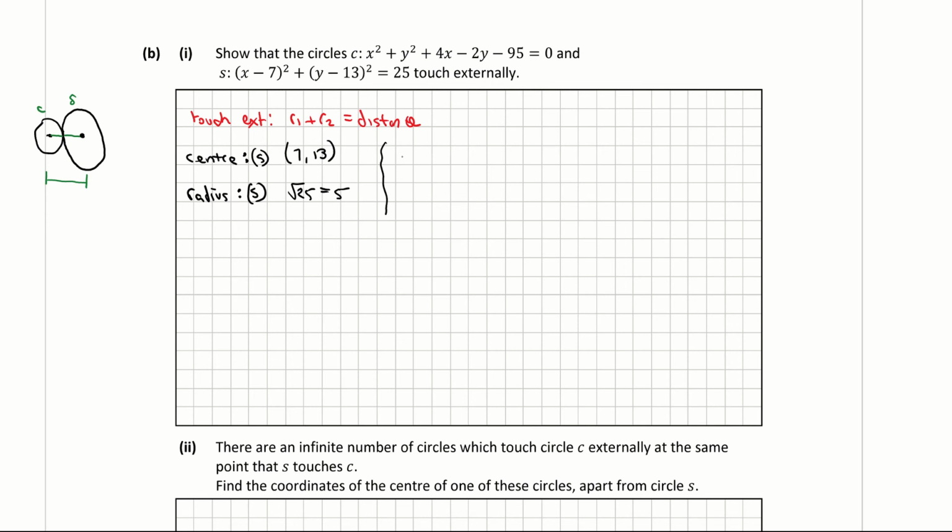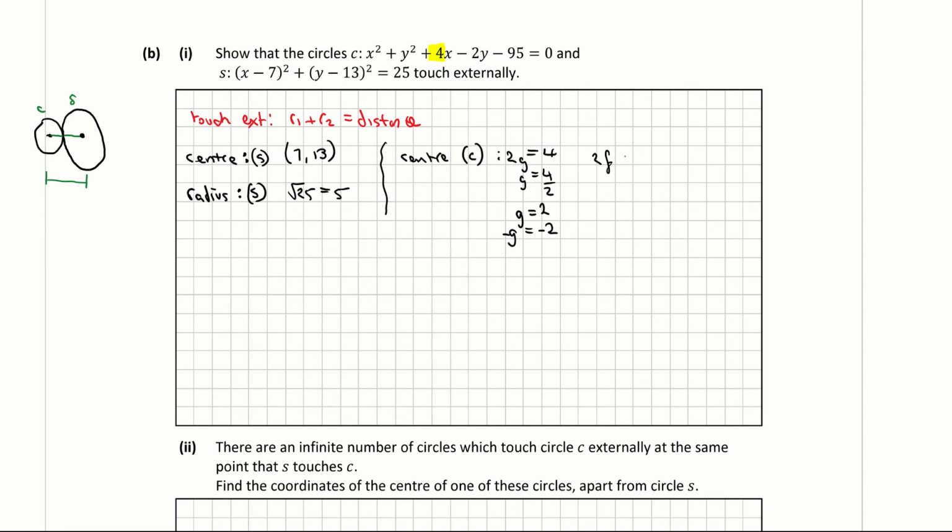Let's come over now and do the same thing for circle C. So my center of C, now we need our log tables for this. So I have 2g is equal to 4, isn't it? It is, yeah, the coefficient of the x. So 2g is equal to 4. G is equal to 4 divided by 2. G is equal to 2. So minus g is equal to minus 2. And then I need to have my f.